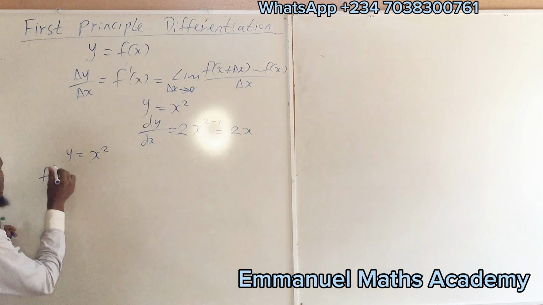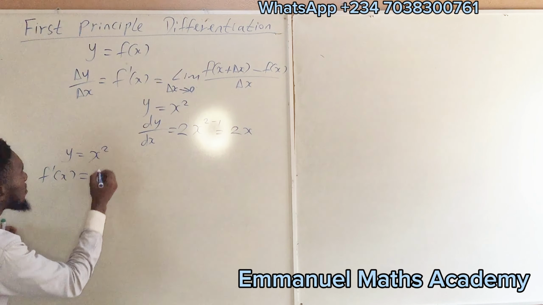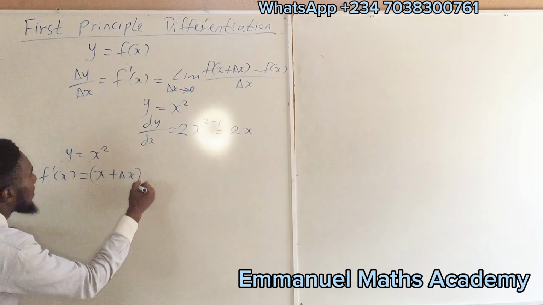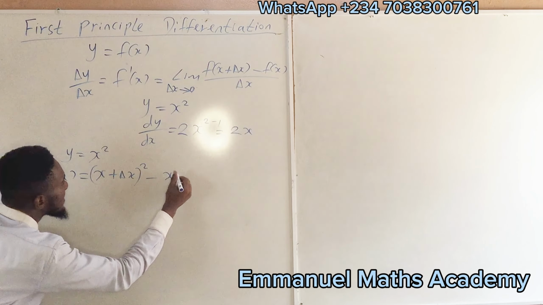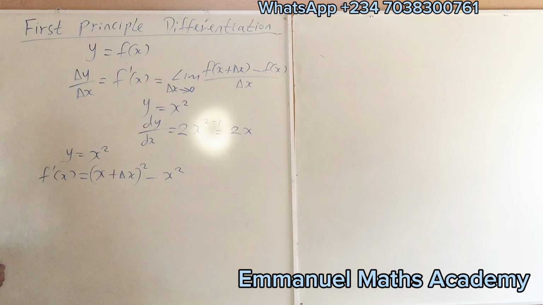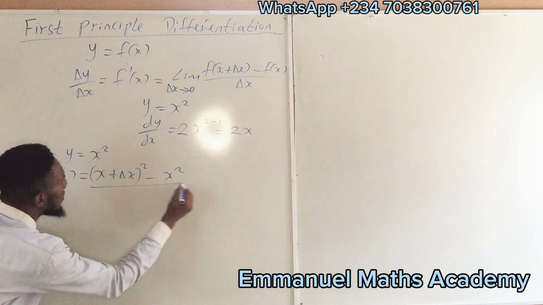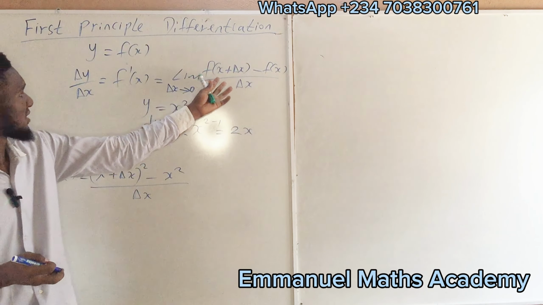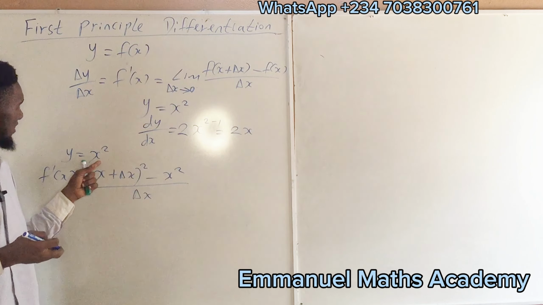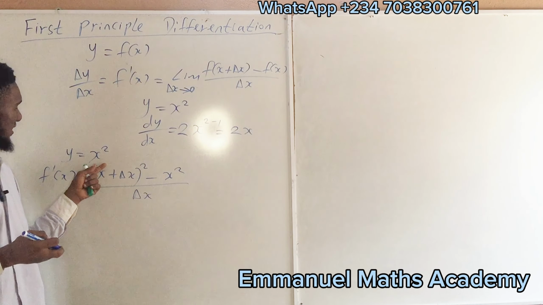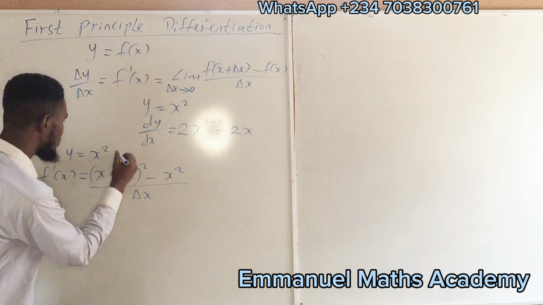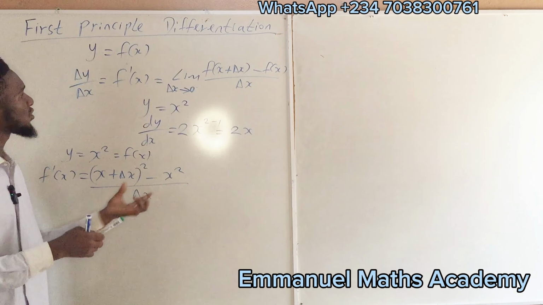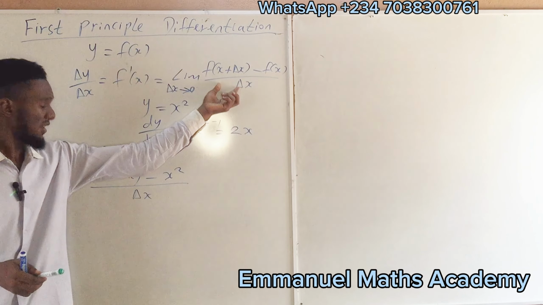You have that f prime of x is equal to x plus delta x power 2 minus x power 2, all over delta x, from this definition, because this is equal to f of x. Do you get the point? So you are substituting in terms of what we have in this definition, right?